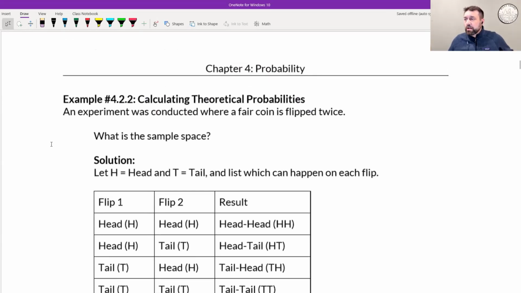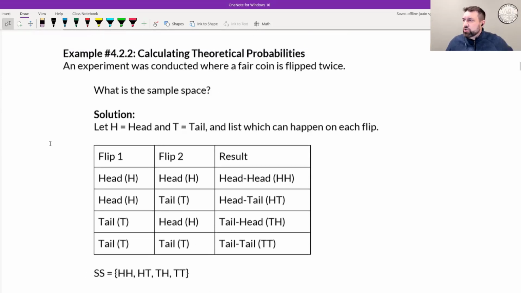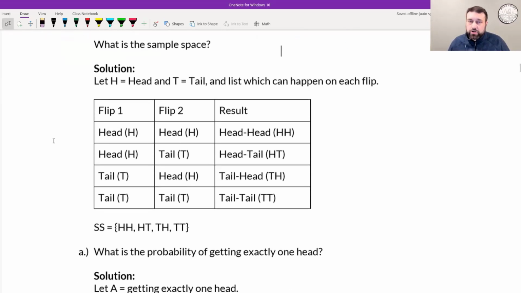So let's take a look at, again, flipping coins. And let's just start out with some very basic examples that will lead us to some rules. Let's say that you want to flip a coin 2 times. So you've got a fair coin and you're going to flip it twice, right? Heads or tails, and then flip it again, heads or tails. What are all of the possible outcomes? We're going to let the letter H mean that you flip heads, and the letter T mean that you flip tails.